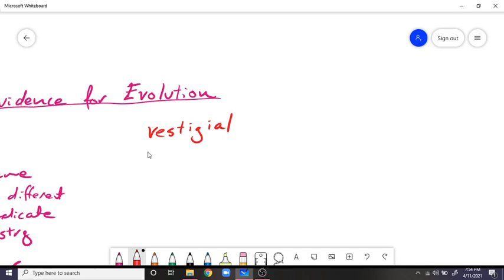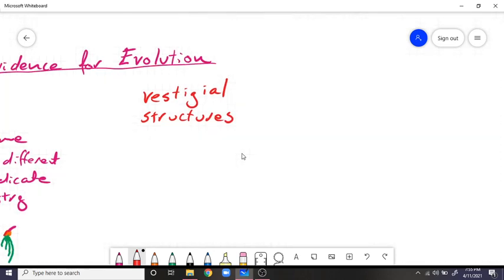These are called vestigial structures. A vestigial structure is going to be an organ or a structure that serves no useful purpose.